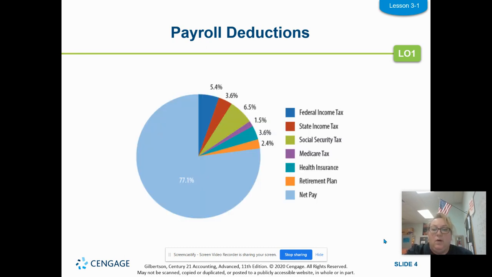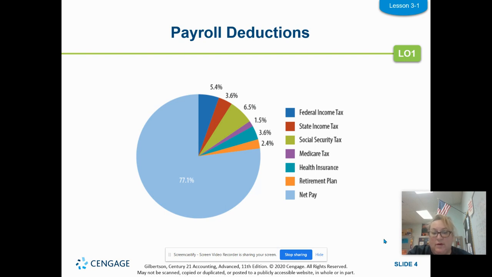Here's what a typical set of payroll deductions for employees looks like. You have your federal income tax, which is around 5.4%, depending on your state. States have their own income tax. Here in Idaho, where I'm at, the state income tax is 6.9%. We have your Social Security tax, which is 6.2, and Medicare is 1.45.